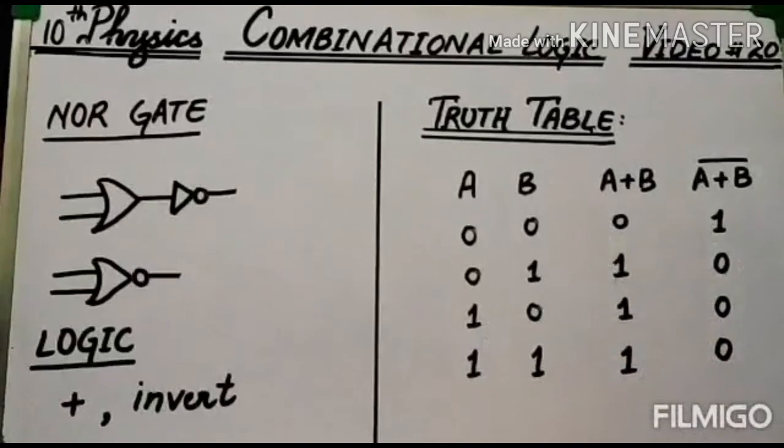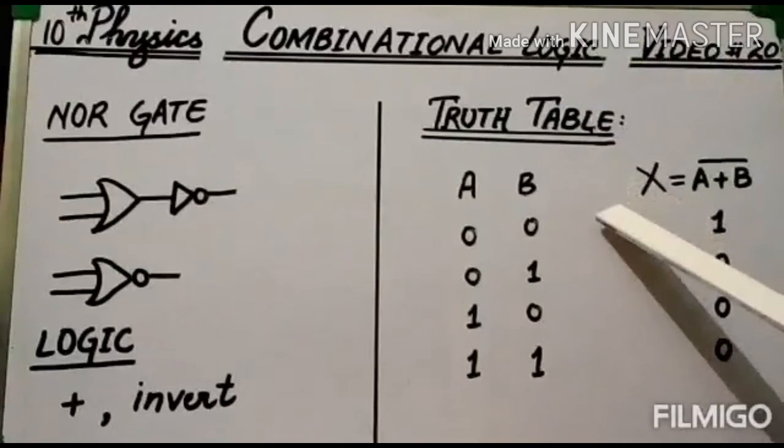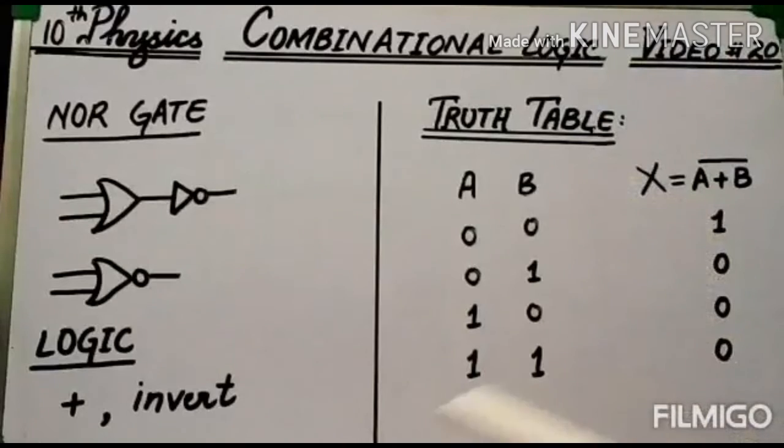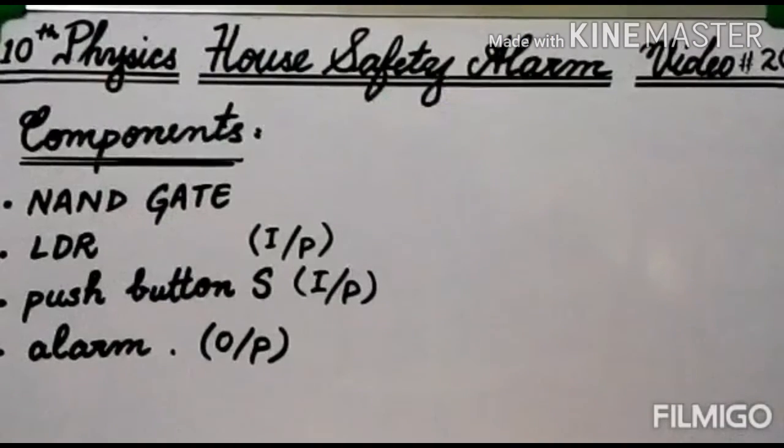So the truth table will be, as you can see here in the picture, that only for 0, 0 input the output is 1, and in the rest of the situations the output is 0. That column of A plus B was just a supportive column, that is optional again. You can go for the direct truth table as well.